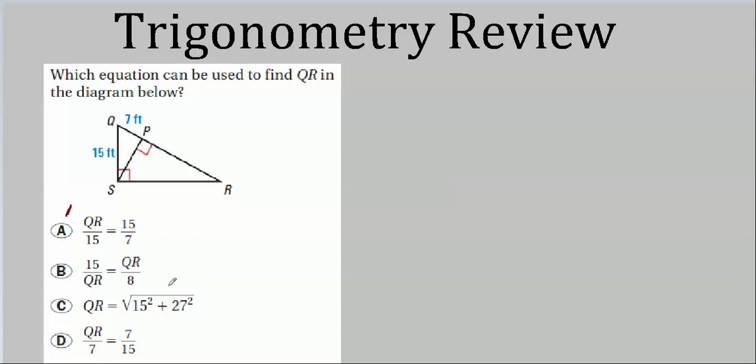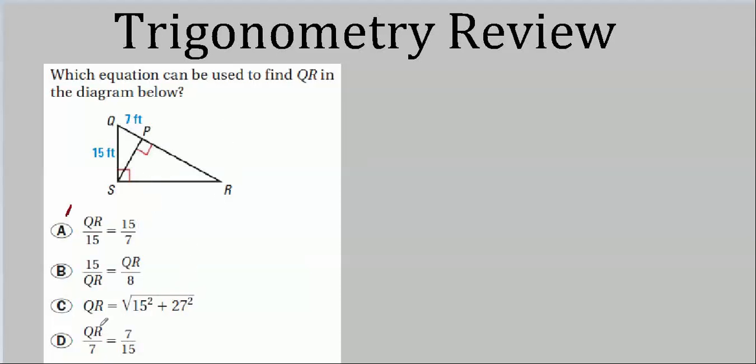To figure out if this was right, you'd have to figure out SR. And for that, we'd probably have to figure out QR and then work backwards. We'd have QR and 15, then we could use Pythagoras' theorem and figure out if SR is really 27 or not. But I don't think we would have 27 unless we use this to get it.